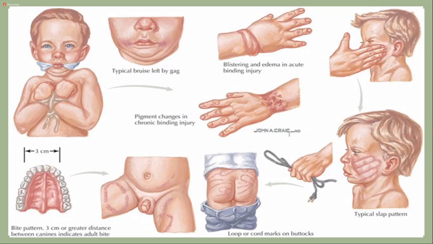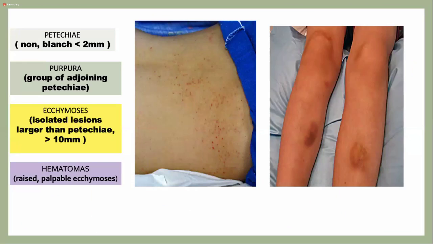And usually, if there is a specific pattern of bruises, such as you can see the hand, the fingers, and the device that was used, the bruises follow the pattern. It's very important to inspect the genital part and the surrounding area.